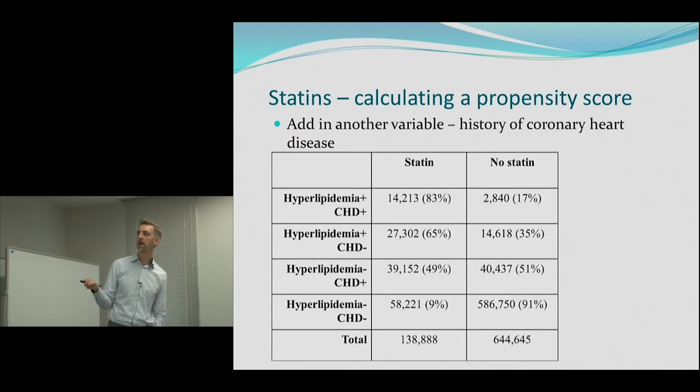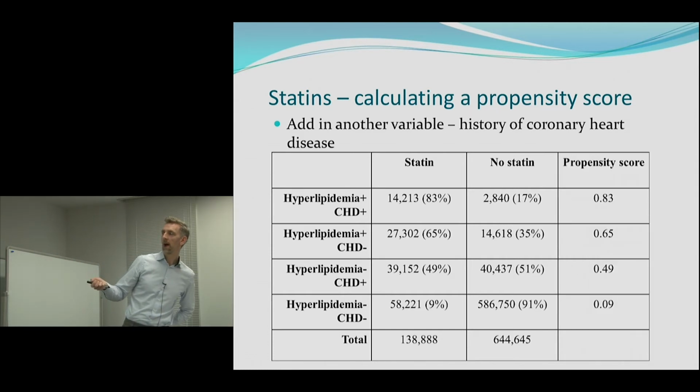Starting off with people who've got both high lipids and coronary heart disease, then people who've just got high lipids but no coronary heart disease, and normal lipids, and then neither high lipids nor coronary heart disease. So kind of graded from the sicker people down to the more healthy people down here.